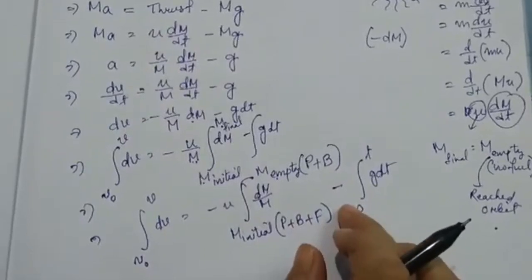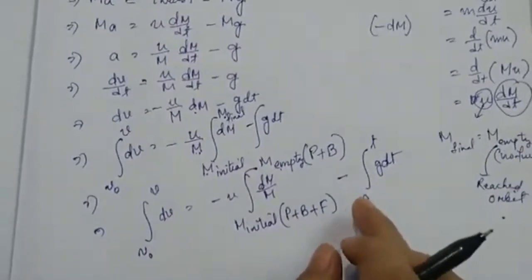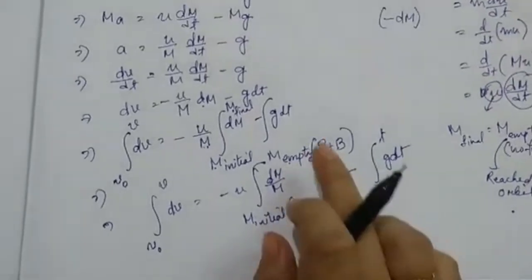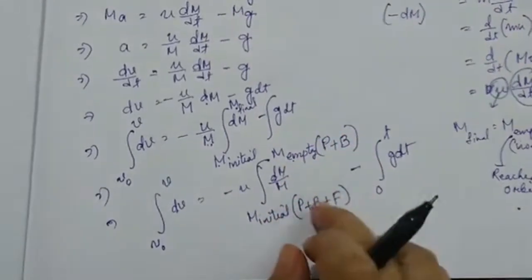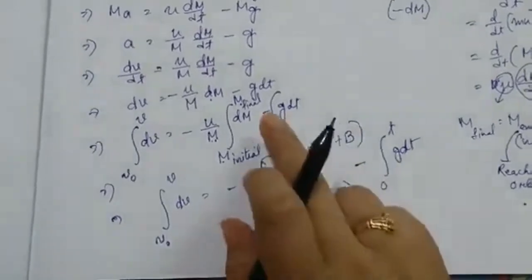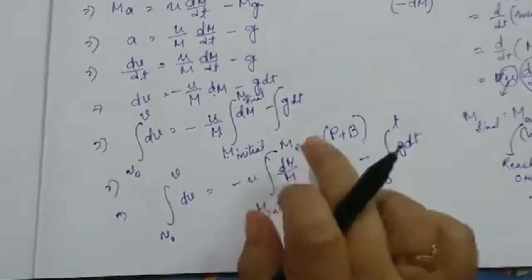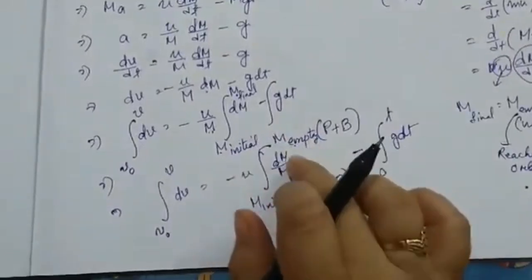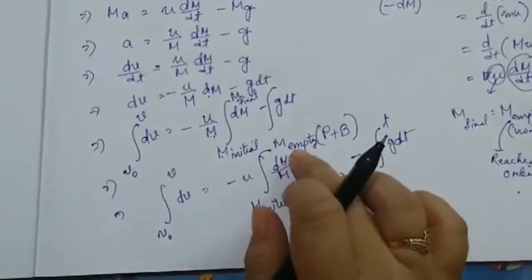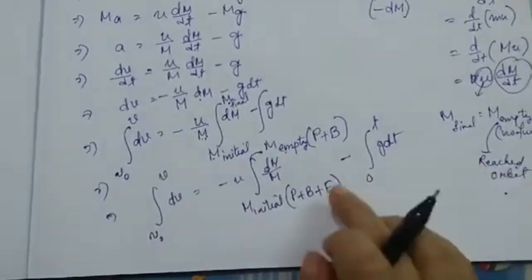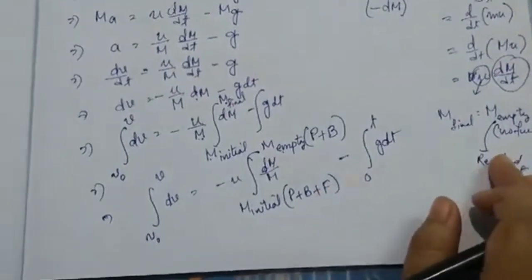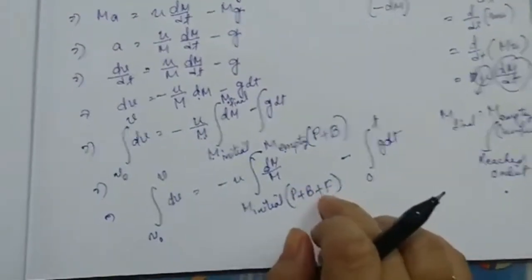If you consider any time other than 0, we will always see that the fuel has reduced. Payload and body will remain constant, but fuel has reduced. That is why we are naming it empty instead of m final. You can write m final also, it's not a problem. But m empty means that if it has reached the orbit, the fuel is 0, but if it is in the middle of the way, the fuel has decreased but not fully.